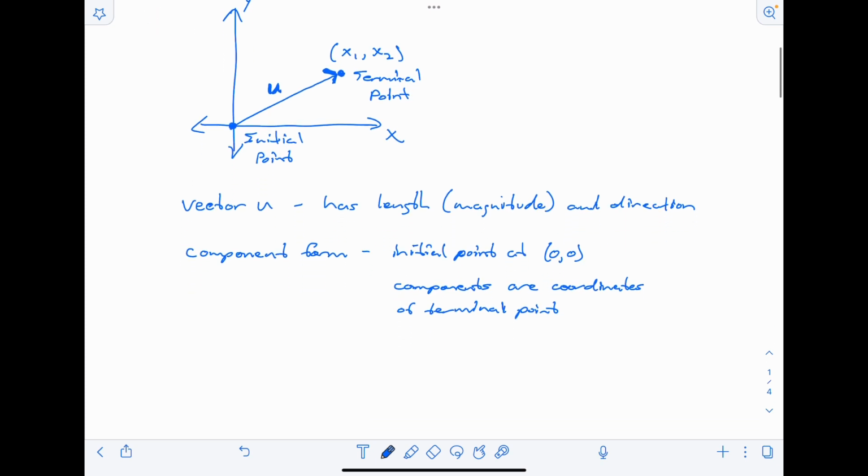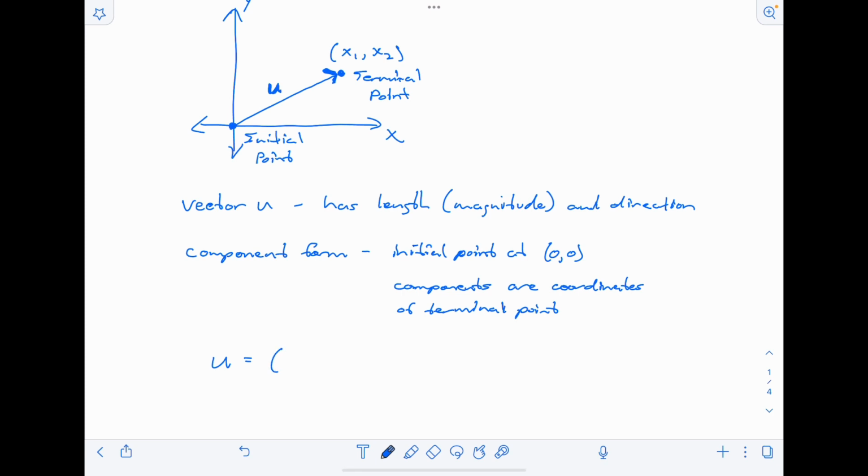All right, so the last thing I want to talk about as far as vectors go before we get into some of the math involved with this. Again, we can name vectors by a lowercase letter. So I'll continue to use u. A lot of times we use u, v, w, things like that, but you can use any letter. And we can also describe or write a vector in terms of that terminal point, especially when it's in component form.